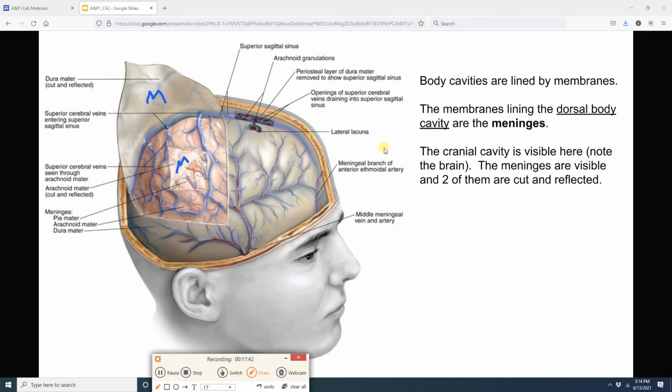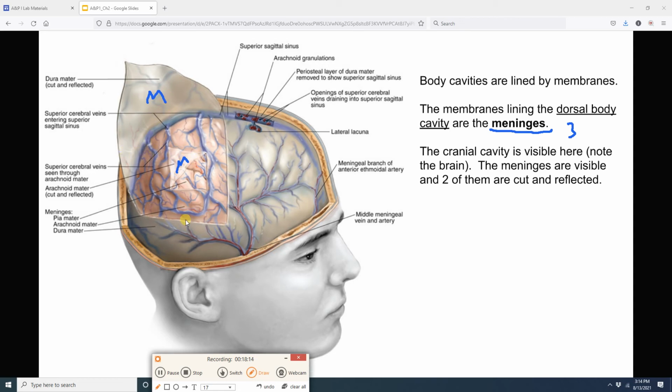Both of these membranes are examples of ones known as meninges. There's actually a total of 3 meninges that are going to be around your brain and also around your spinal cord. So organs in the dorsal body cavity are going to be lined by the meninges. Those are the membranes in the dorsal body cavity. And we can see 2 meninges right here.